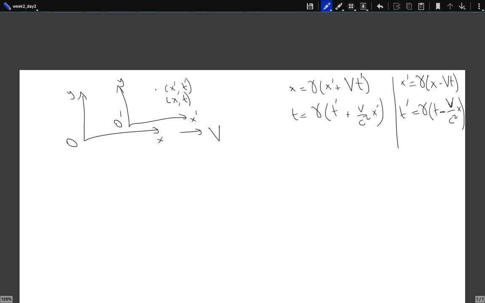But you can also do the same thing from the perspective of the O prime observer. For the O prime observer, the other reference frame O is moving with a speed minus v. So in both of these relationships, that v is nothing but the velocity of the other reference frame.